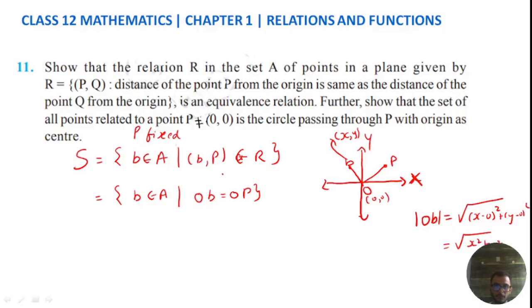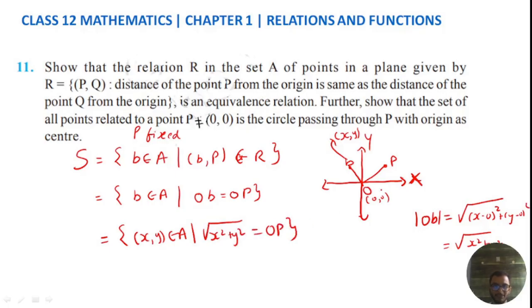So you are taking B from A, right? So B is some x comma y belonging to A, and OB will then be under root of x square plus y square equals OP.